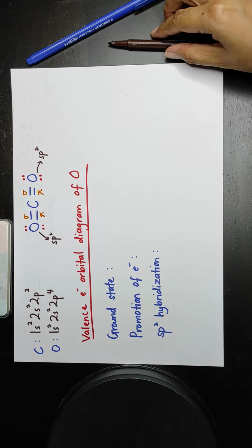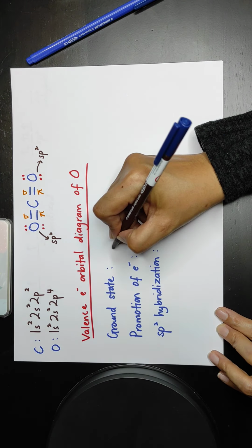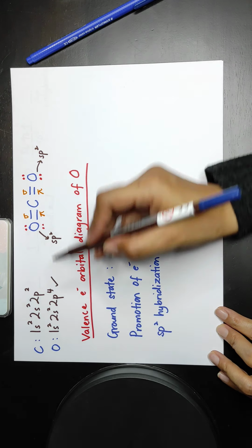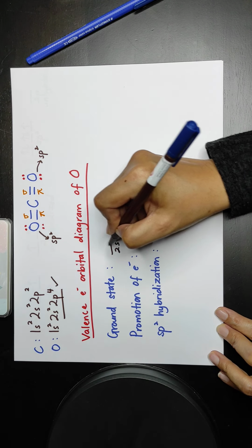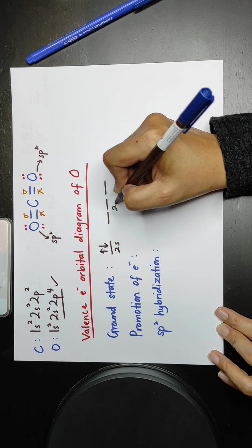Now by referring to the Lewis structure, in the ground state, refer to the valence electrons of oxygen, 6 valence electrons which occupy 2s and 2p.